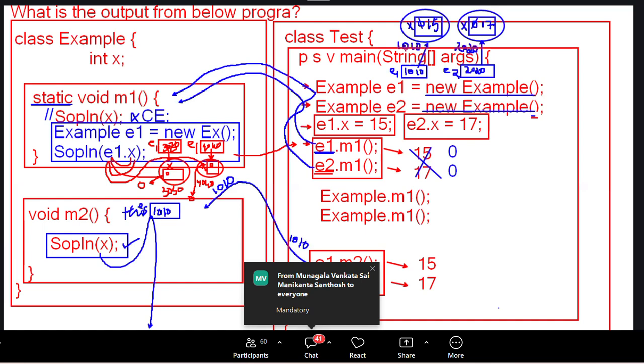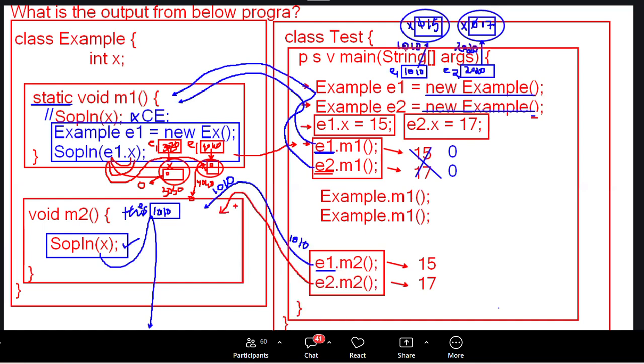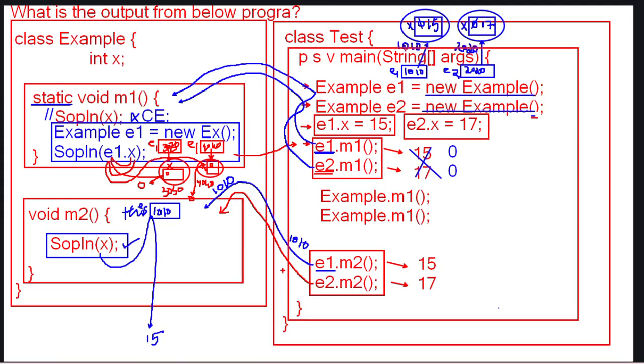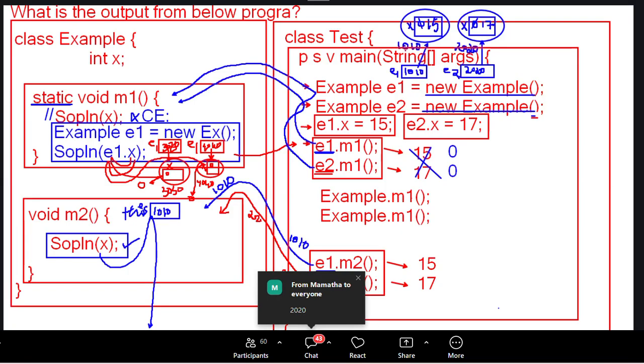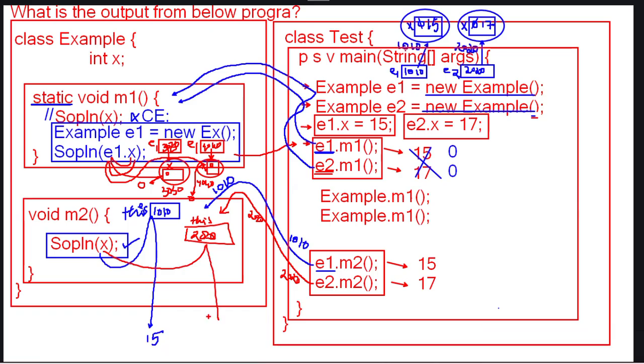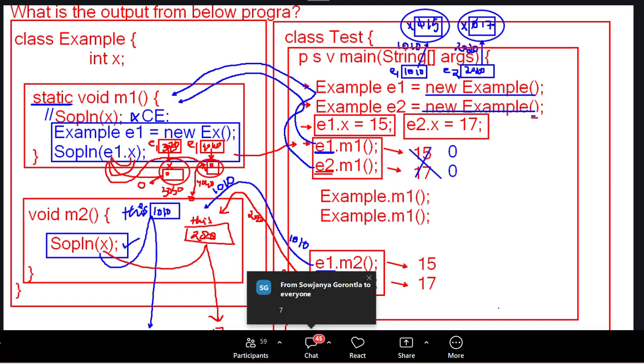Second time tell me, again control is going to example class M2 method with what reference? 2020, stored again. As many times you call M2 method, those many times this keyword created with reference 2020. Next time X value reading from where? 2020 object. And what is the output available in 2020 object X value? 70. Okay, now? So repeat again.